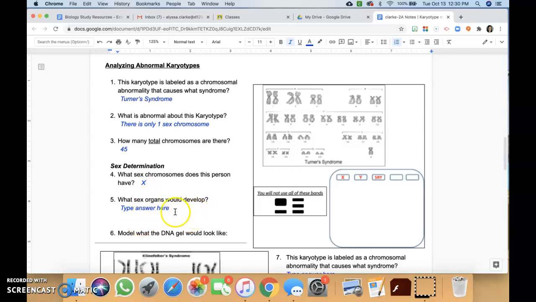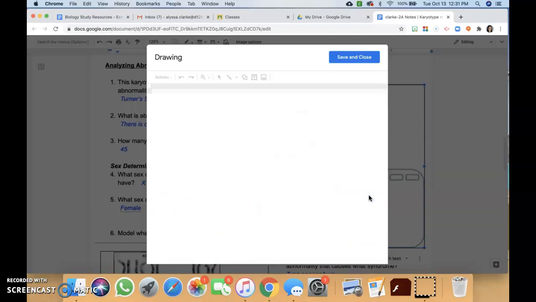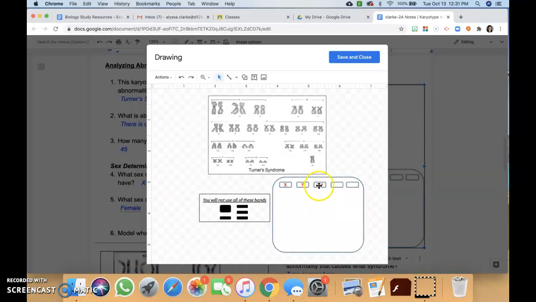Again, if there's no SRY gene present, we know by default we are going to have female sex chromosomes or female organs. So in this case, we would have nothing for SRY, we would have nothing for Y, we would only have how many X's? 1. So we're going to take the band over, place it right here.